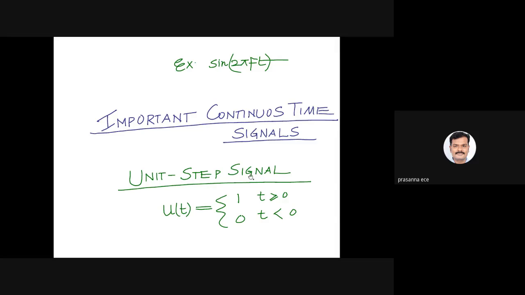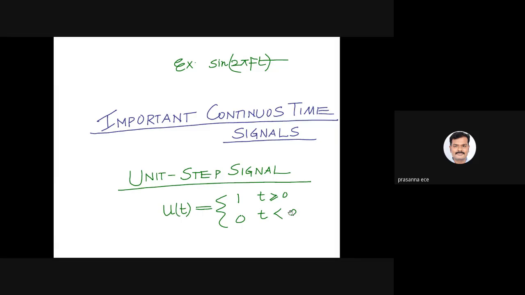Here we are calling it a signal, but you can very well say it is a function. It is defined as u of t. Previously we saw u of x, so the independent variable is changed to t here. So u of t equal to 1 for t greater than or equal to 0, and it is 0 for t less than 0.